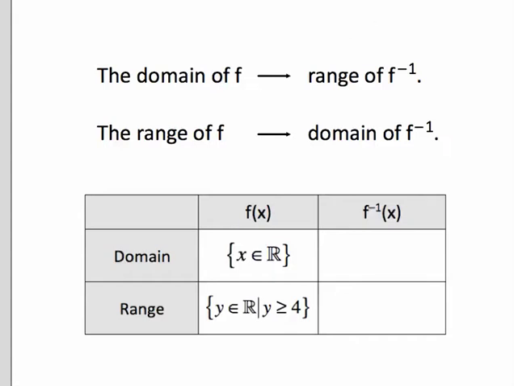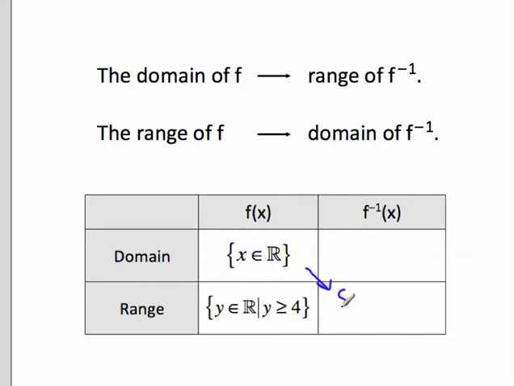So as an example, if we had a function f of x that had a domain x is an element of real numbers and a range y is an element of real numbers such that y is greater than or equal to 4, and by the way, this doesn't correspond to the graph we just saw, this is another example, then the domain of f of x becomes the range of f inverse.